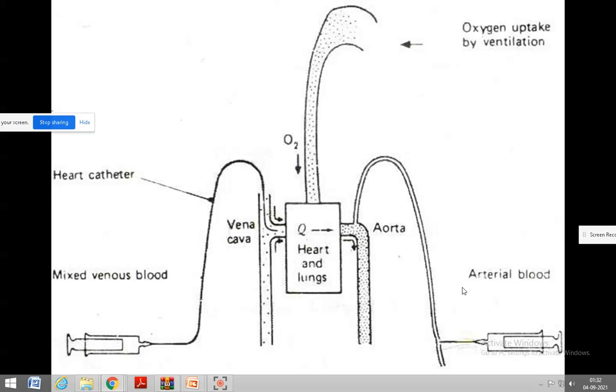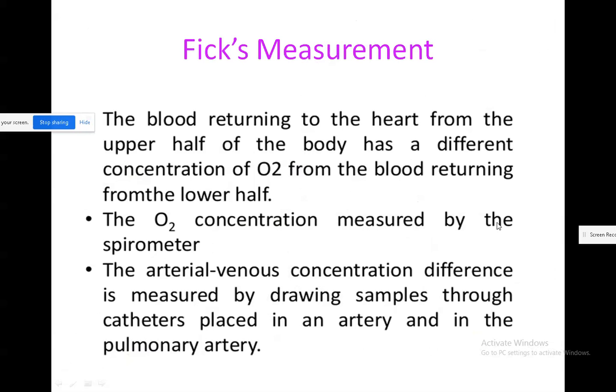How much blood is passing through the heart per minute is said to be cardiac output. The blood returning to the heart from the upper half of the body has a different concentration of oxygen from the blood returning from the lower half.